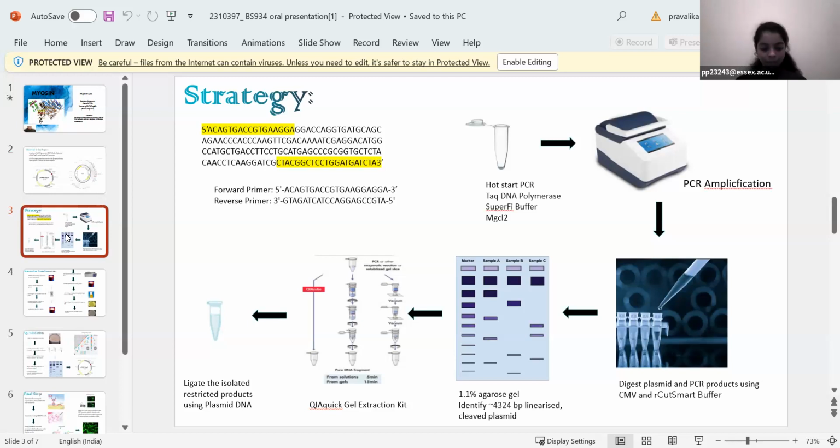So here I took the gene sequence, and by using the restriction enzymes of the pCMV-tag 2, we got two primers, the forward primer and the reverse primer for the gene. Here we use PCR to amplify the gene of interest, and specific primers were designed which allowed the amplification.